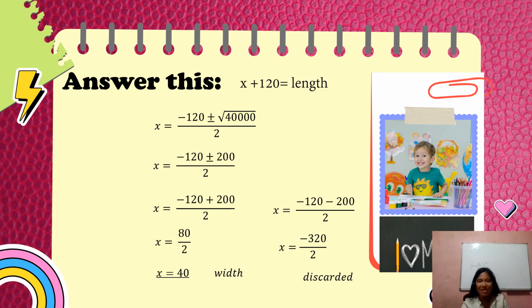So, yung length, ang sabi natin kanina sa first step is x plus 120 since longer siya sa width na 120. So, 40 plus 120 is 160. So, answer na. Yung sagot natin is, final answer natin is 160. Okay?